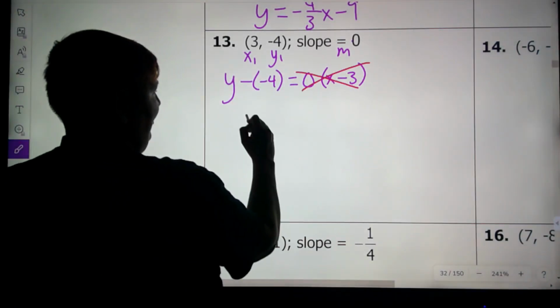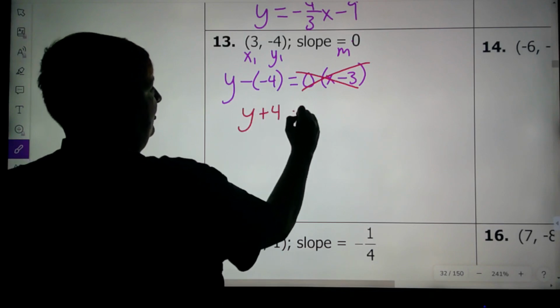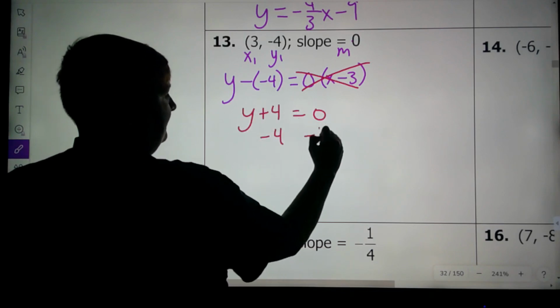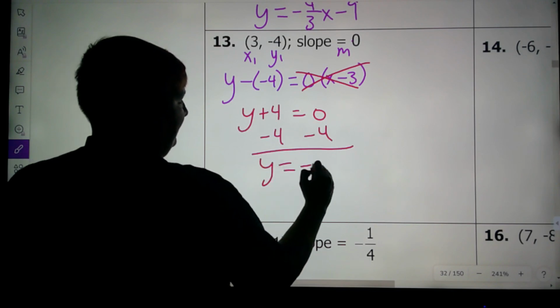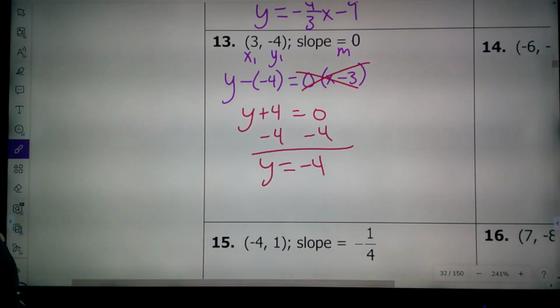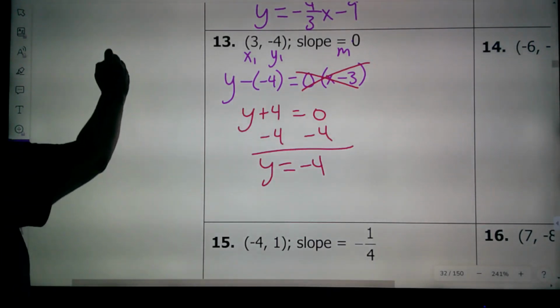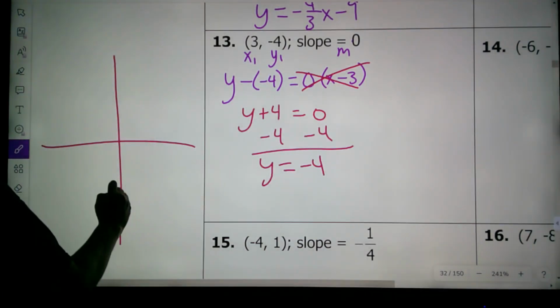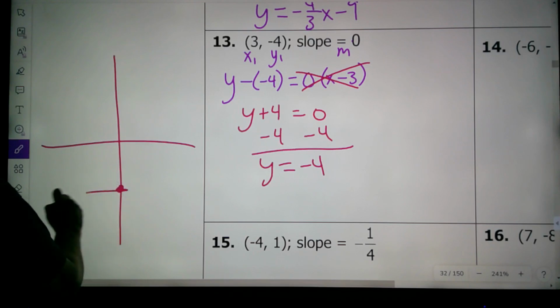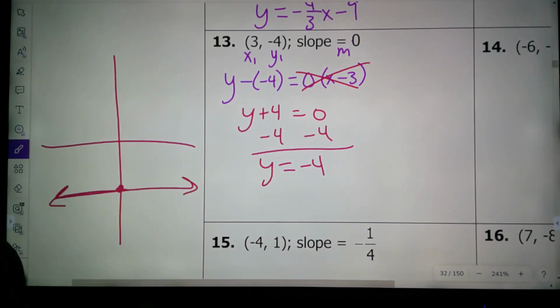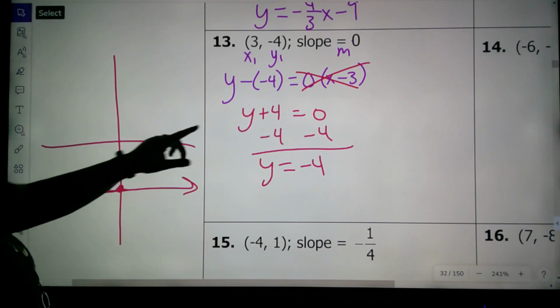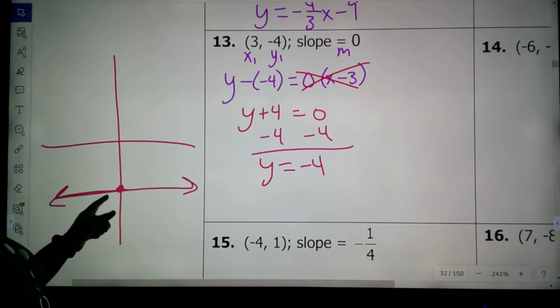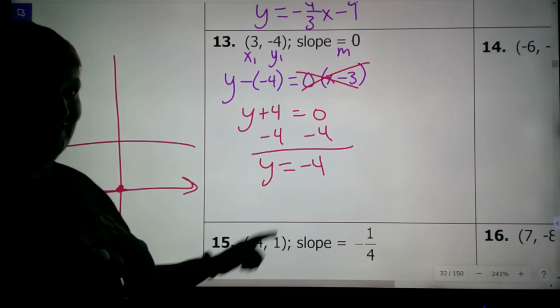This is now 0. y plus 4 equals 0. y equals -4. So when you graph this, there's no slope. It's going to be at the -4, and it's going to be parallel to the x-axis. It's 0 slope. It's a beautiful thing. If you can understand one thing, it helps you understand another thing, which helps you understand another thing. I know.